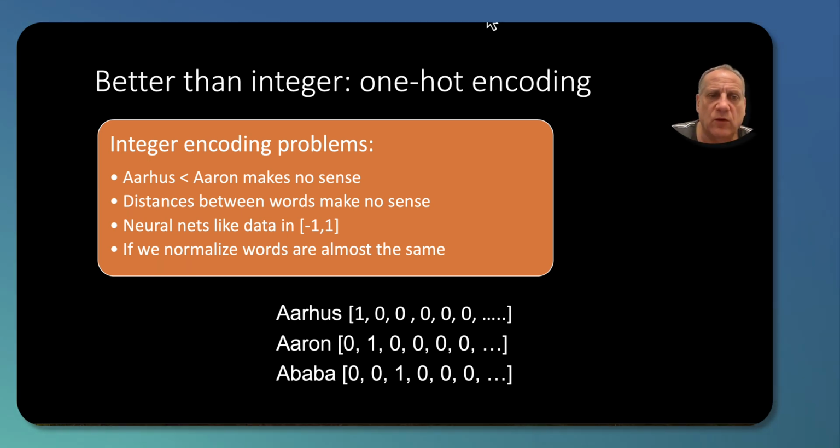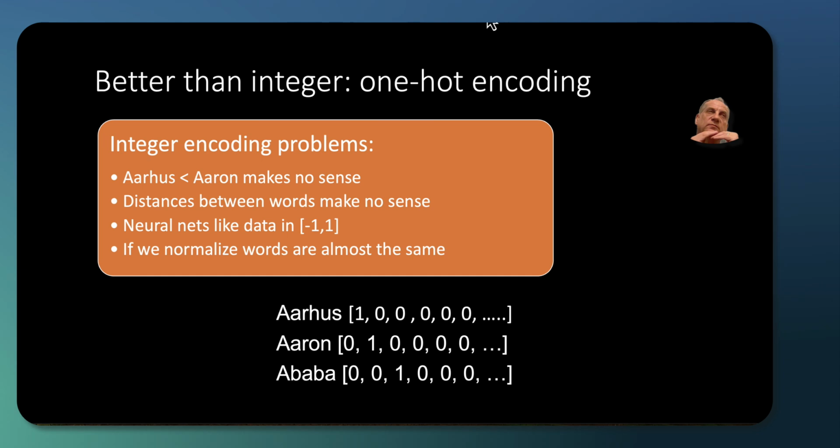Now, the good news here is that we've overcome this integer problem that one word is close to another because the numbers are close together. All of these distances are equal to each other. So we've turned these into categorical labels.